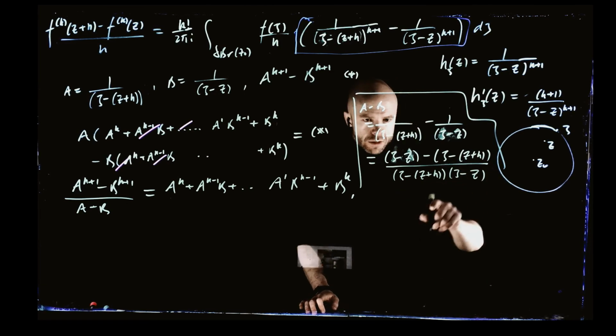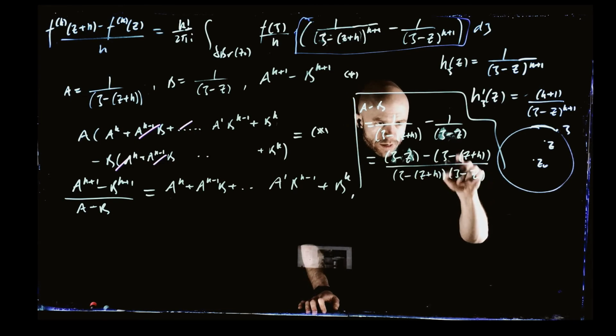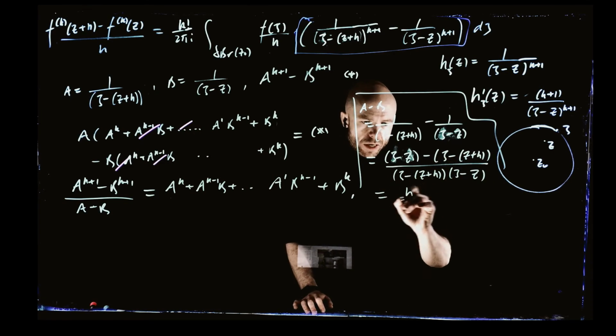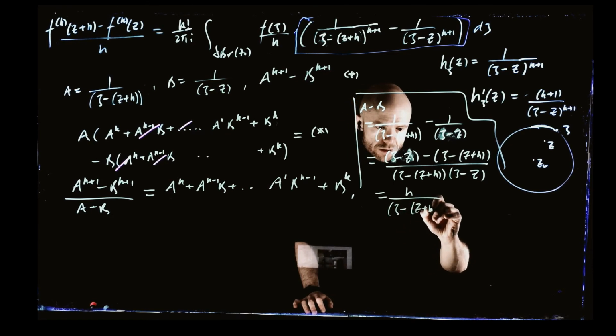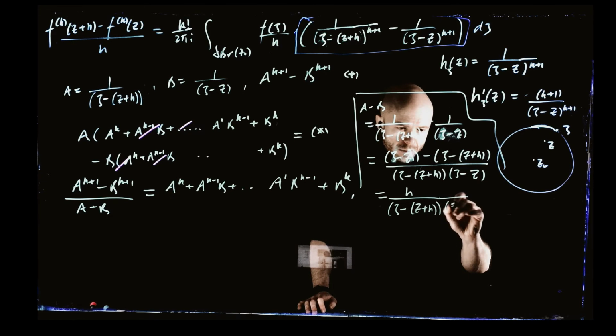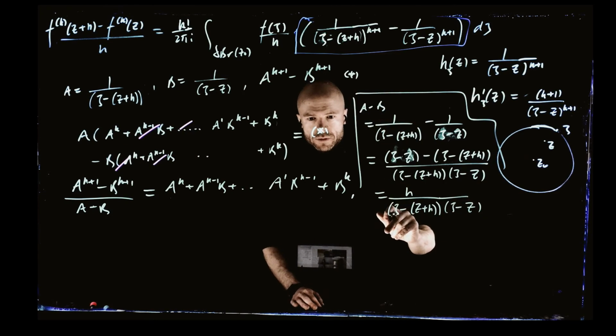All this stuff cancels. We have minus minus, so it's just h. So this is h over zeta minus z plus h times zeta minus z. Okay, that's what a minus b is.